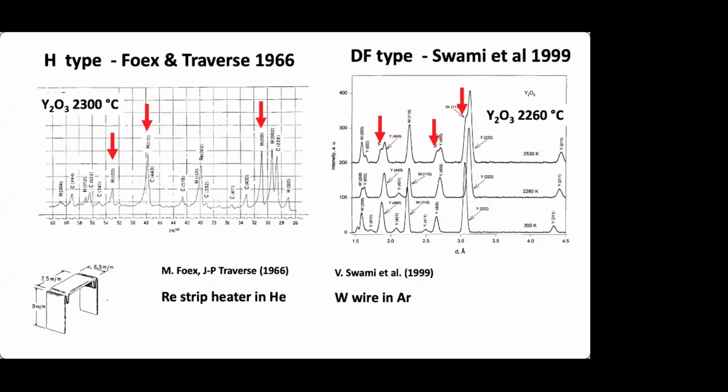Well, now looking at his data, however, you can see that his report was heavily influenced by Katagiri's communication about quenching the fluorite-type yttrium oxide phase, because these peaks Swami attributed to the fluorite phase can also be interpreted just as resulting from a sample displacement in his experiments.